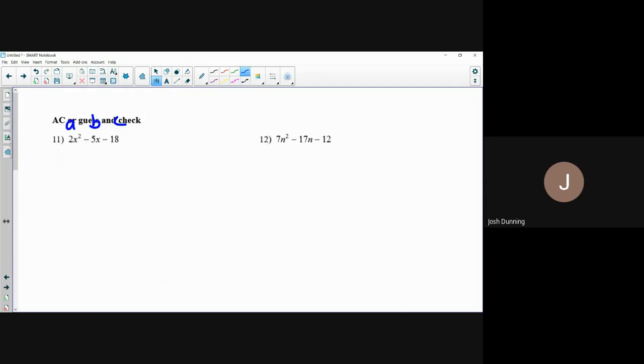First step, multiply A times C. 2 times negative 18 is negative 36. I'll write the steps down. Write them down if you need to.